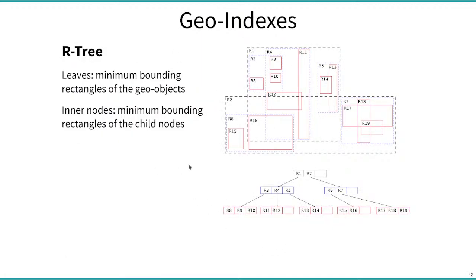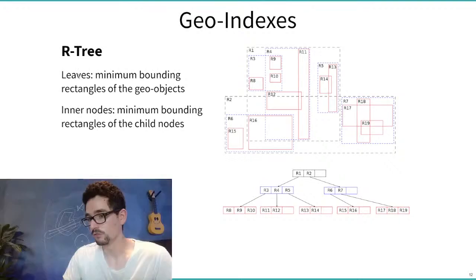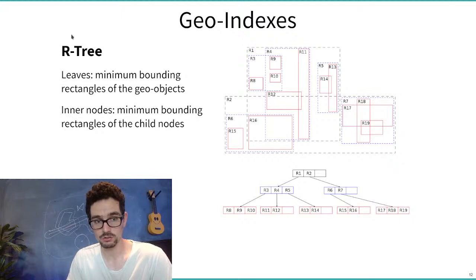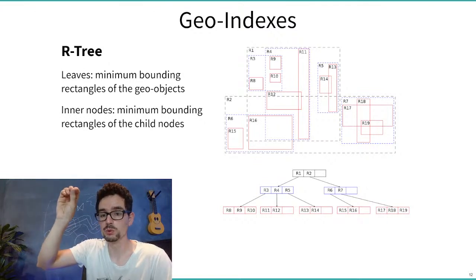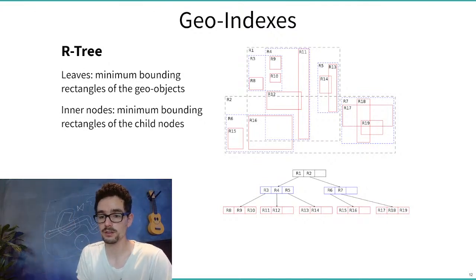I will not go into detail how they work, how this R3 structure, which is one and the most popular one for the geoindexes, work, but I just want to give you a very short idea how they work. So it is a tree structure, like a B tree. It's balanced. You always have the same distance between the root node and every leaf node in that tree.